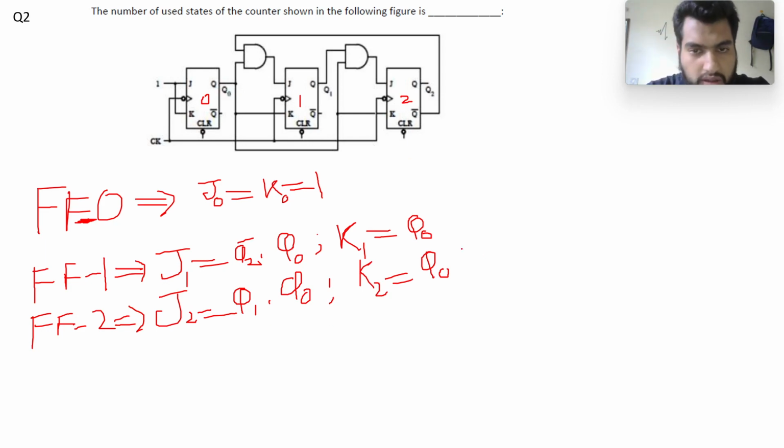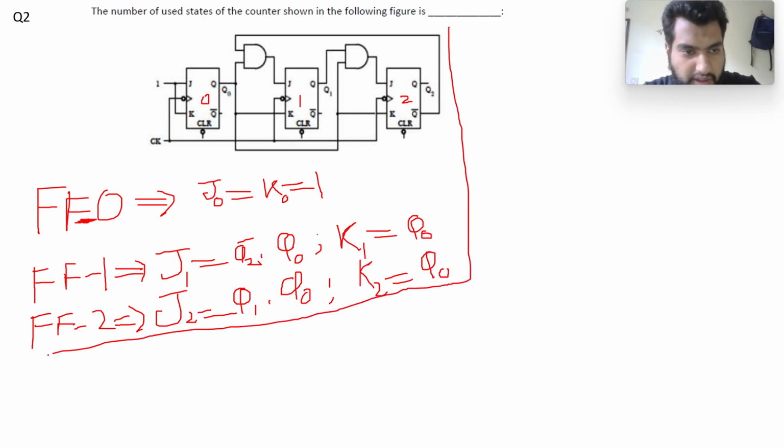Now we'll make a clock. Let me try to write it here.